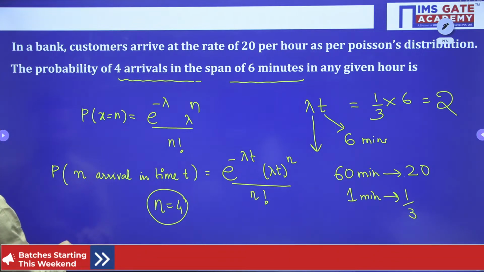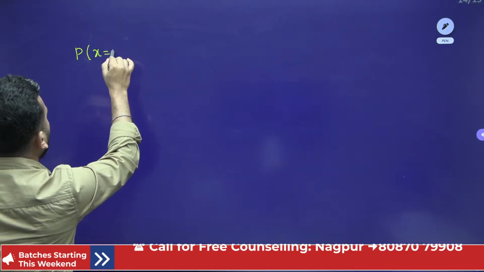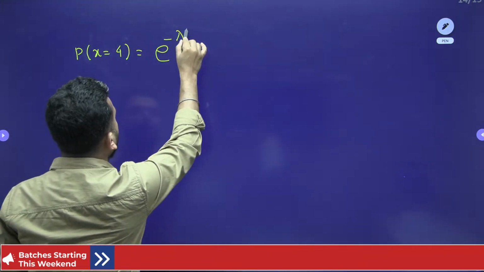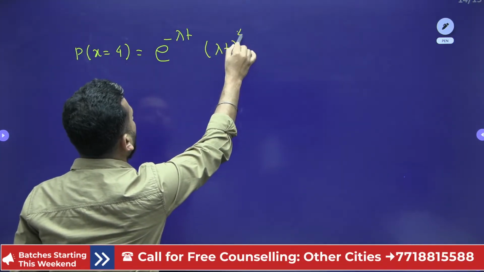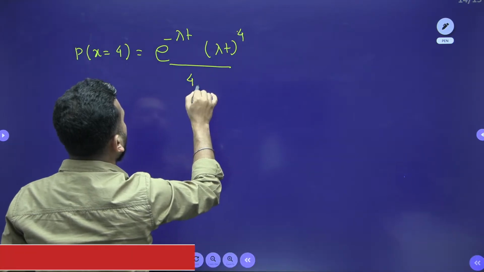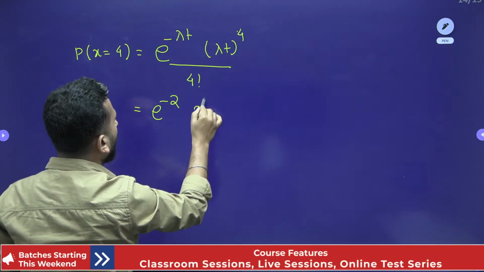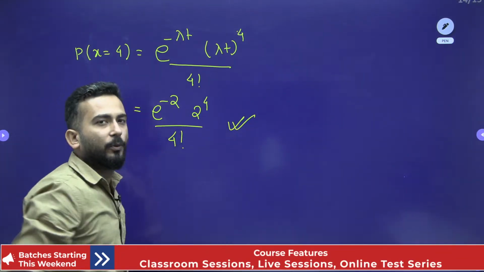The probability of x equal to 4 arrivals is e to the power minus lambda t, lambda t to the power 4 by 4 factorial, and lambda t value is 2, so e to the power minus 2, 2 to the power 4 by 4 factorial. If you solve this, you will get the answer.